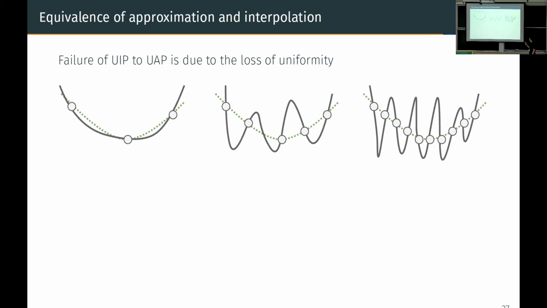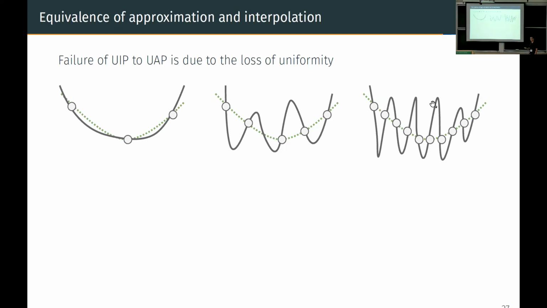The idea is basically the following. If you think about why interpolation is not enough for approximation, you can think of this polynomial example. If you're interpolating some points sampled from this curve, as you have more and more data, the interpolation polynomial may get larger and larger oscillations. So if you don't control it, this interpolating sequence might not be an approximating sequence.